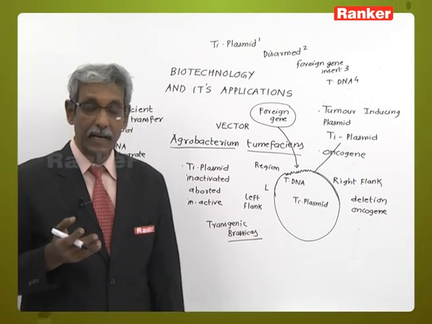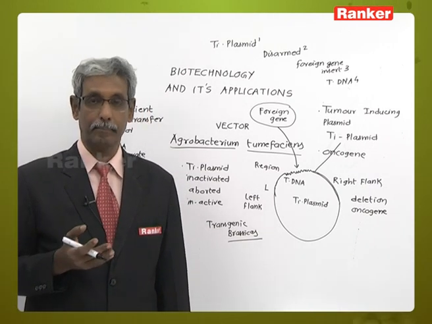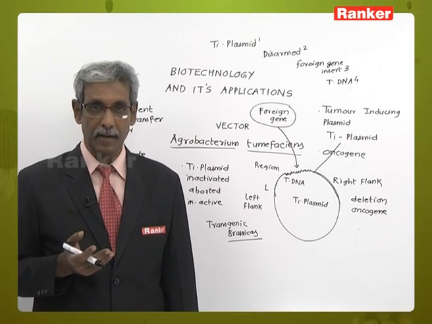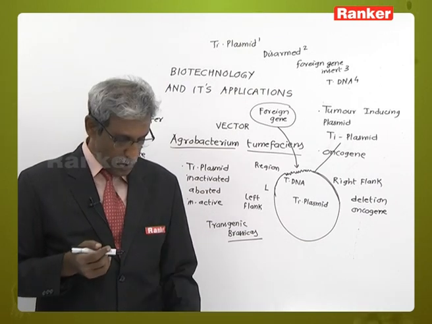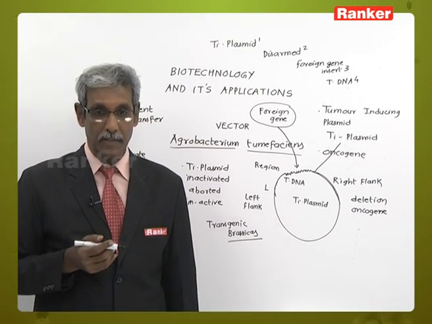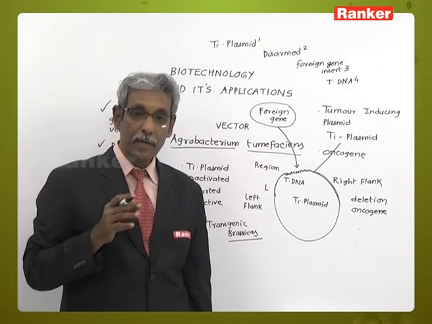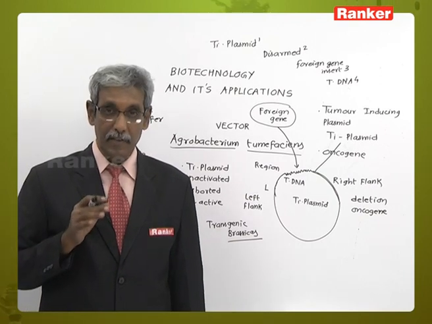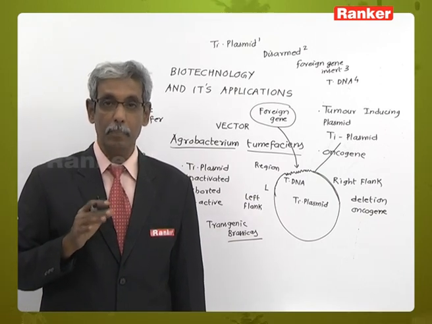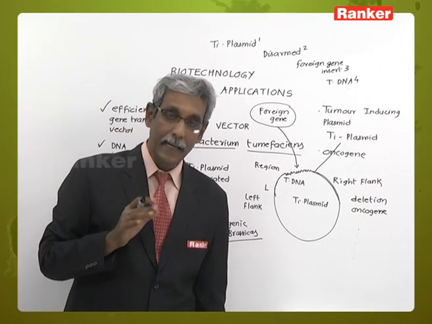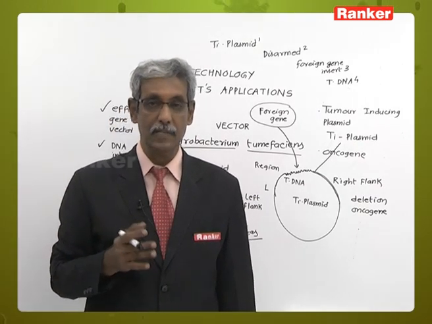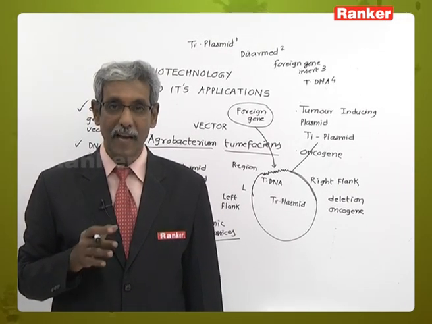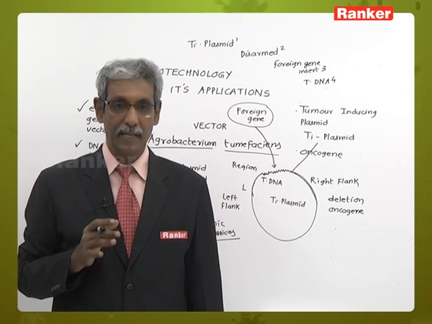Genetic modification of Brassicaceae or cruciferae can primarily be done by means of Agrobacterium tumefaciens. Now, the tumor inducing plasmid in Agrobacterium has a very important role with relation to plant genetic engineering. 80% of plant genetic engineering in the world occurs by means of Agrobacterium tumefaciens, and the most important plasmid for genetic engineering is the TI plasmid.